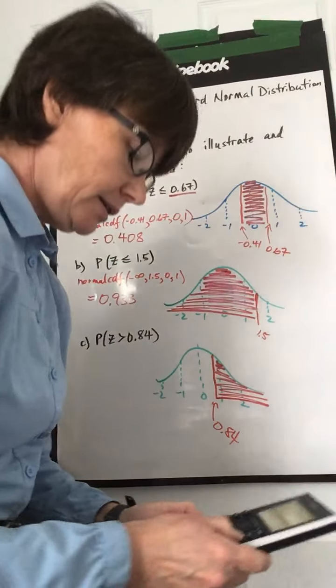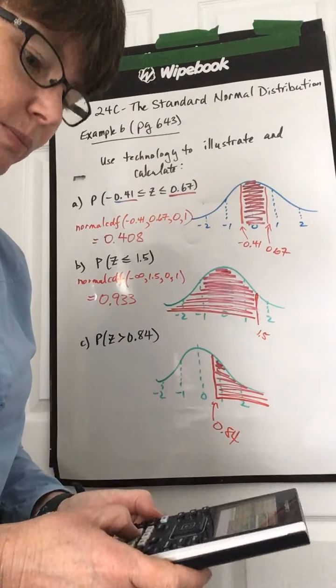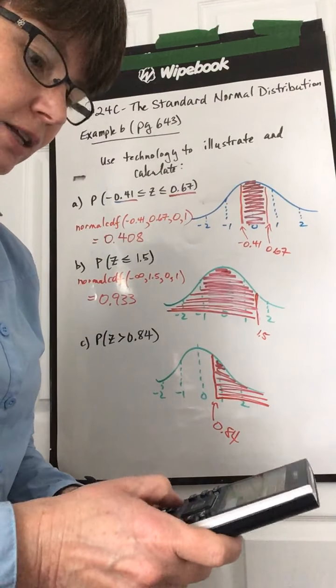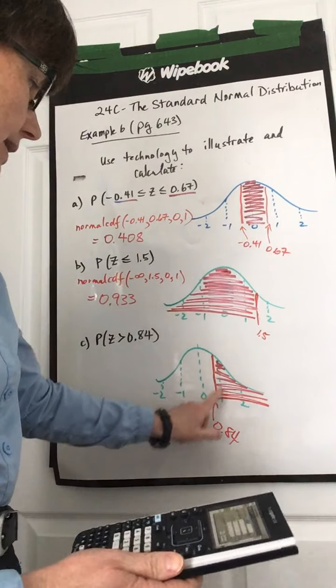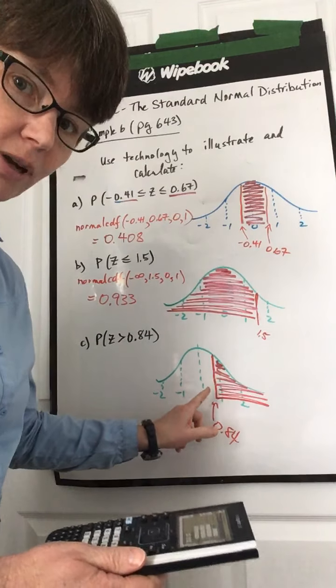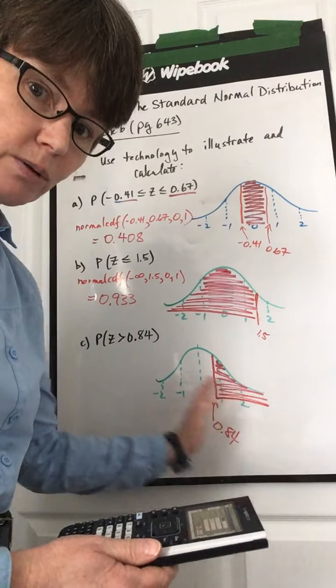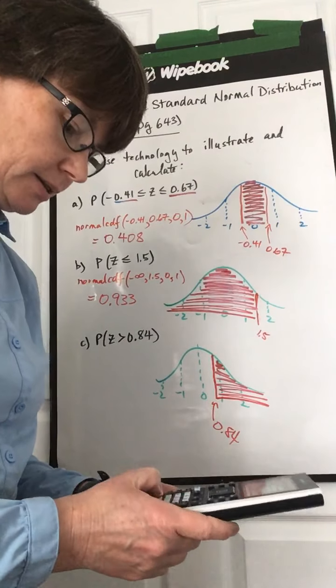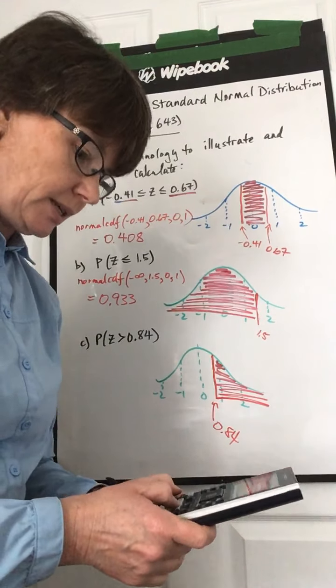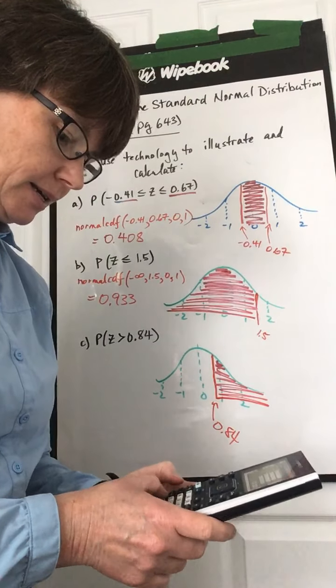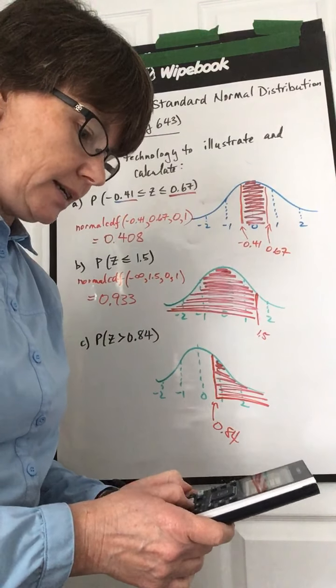And we go to our calculator, menu, probability, distribution, normal CDF. Lower bound is now this. So this is why it's helpful to draw the diagram. You don't get mixed up which was your lower bound and which is your upper. Lower bound is 0.84. Upper bound is positive infinity. So we say 9 times 10 to the power of 999.